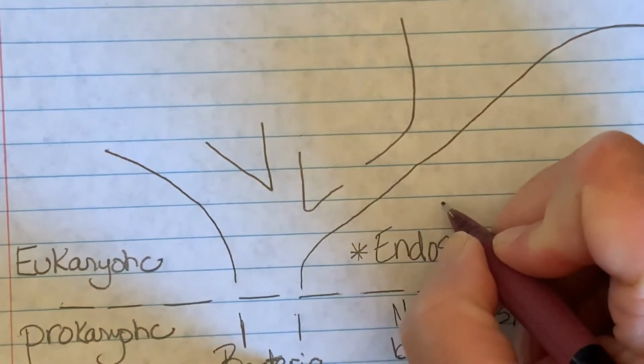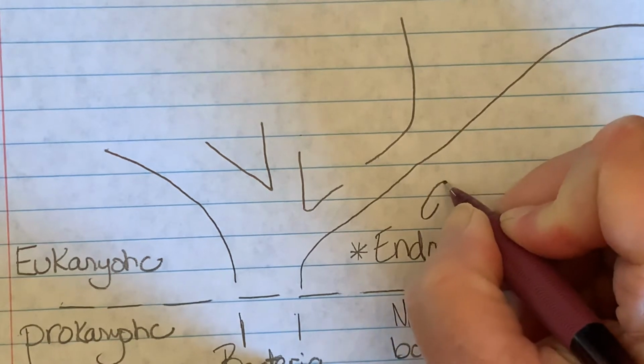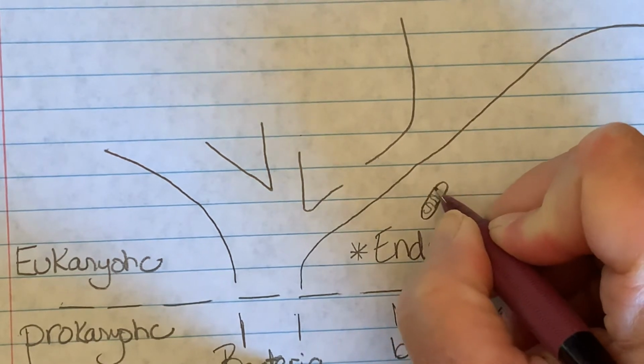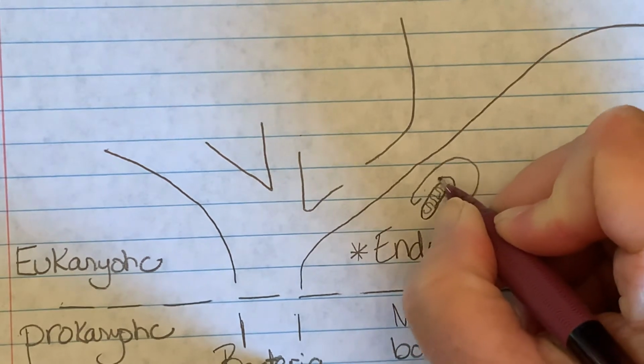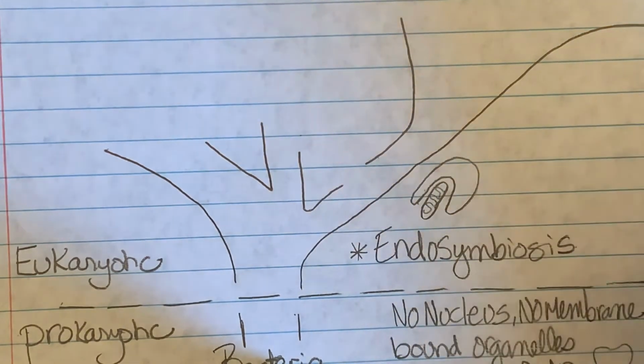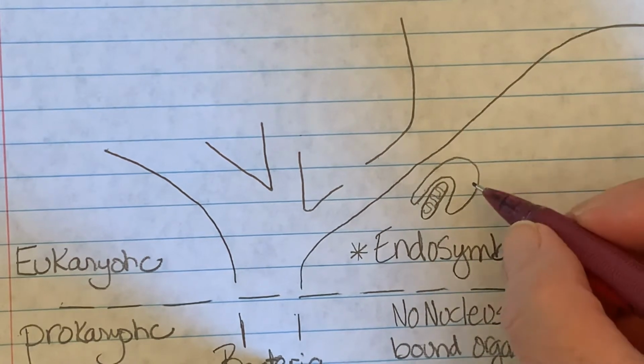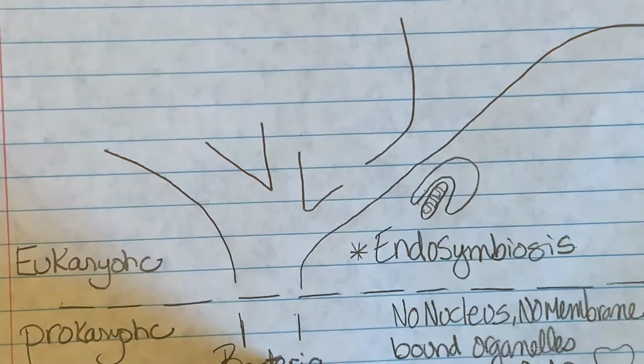So this is where the mitochondria, let's just draw a little mitochondria, and we'll draw a cell kind of engulfing that mitochondria and taking it in and not eating it, but instead making it part of its body.